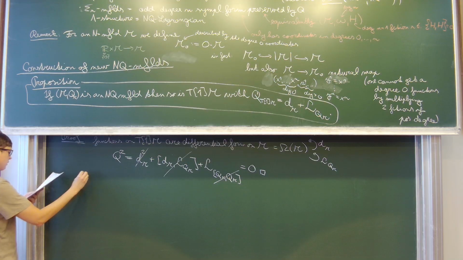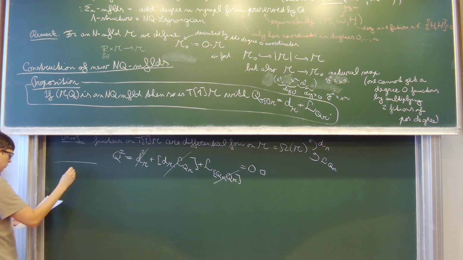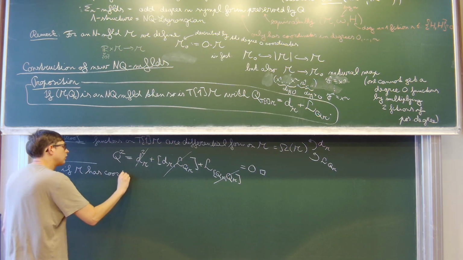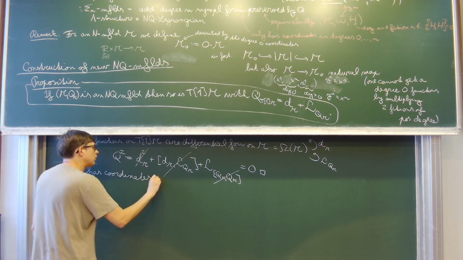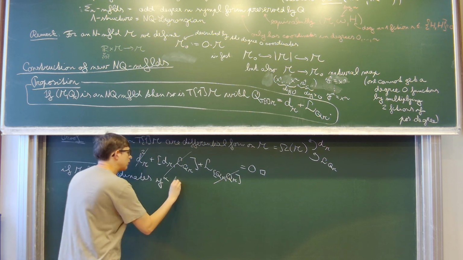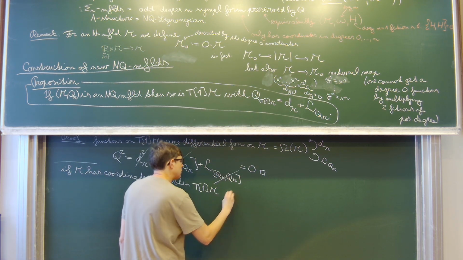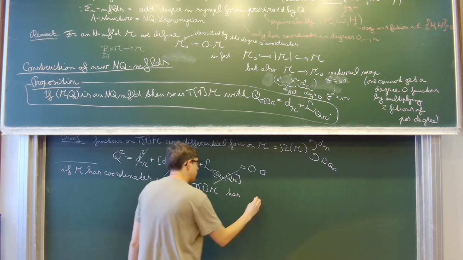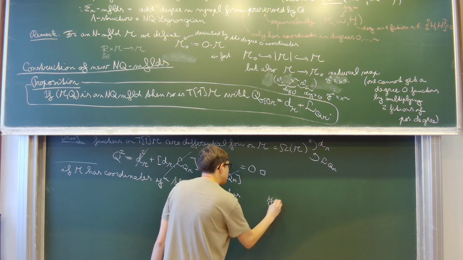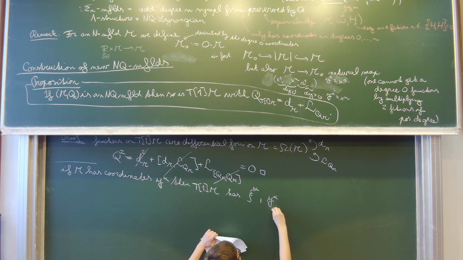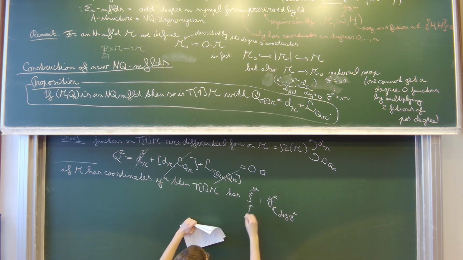And how does it look in coordinates? Let's say M has coordinates y alpha, then T1M has y alpha, and then there are new coordinates, let's call them psi alpha, and the y alpha have the same degree as they had before, and psi alpha will have degree 1 higher.